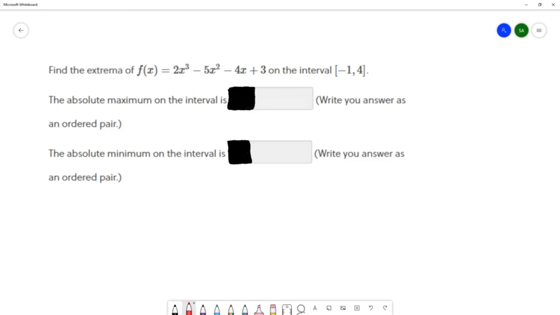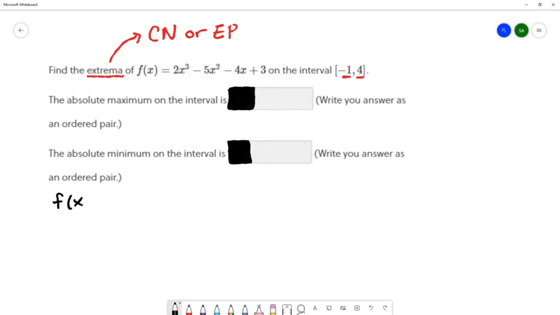So that's where we're going to look for them. So these extrema for the function will occur at critical numbers or at the endpoints of the interval. So we have the endpoints of the interval already. We need to find the critical numbers. So let's calculate the derivative.